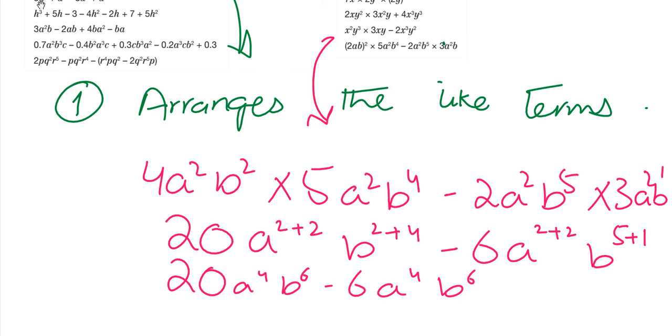All right, now you can easily cancel the terms, subtract the terms, and you have got this more simplified form after arranging all of the terms. So now in this way you can do all of the algebraic expressions, add them together. But first of all, the first thing that you need to do is arrange the like terms.